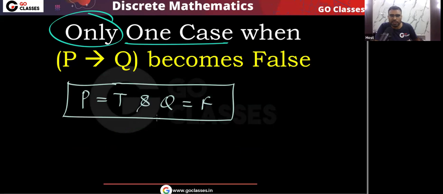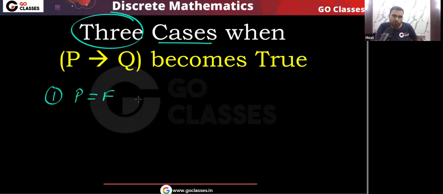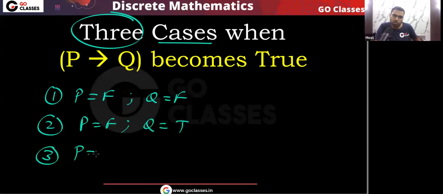And there are three cases where P implies Q will become true. What are those three cases? If P is false and Q is false, or if P is false and Q is true, or if P is true and Q is true. So in these cases, P implies Q will become true.